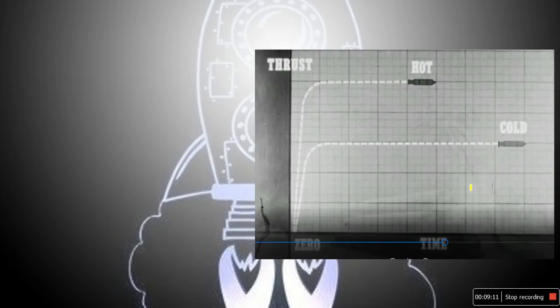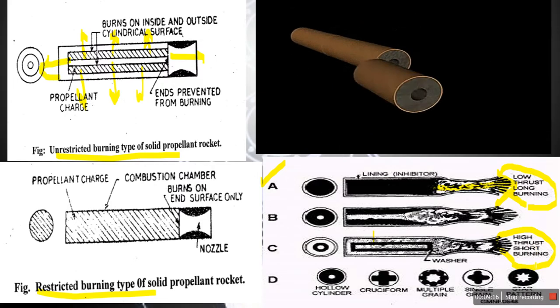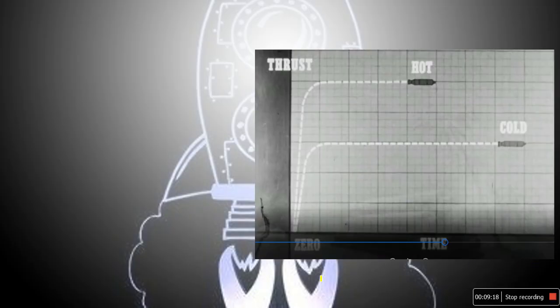I mention here high thrust, short burning. It means if we burn in the unrestricted manner, we get high thrust, which means maximum altitude, but for a short duration. But if we burn in a restricted manner, we get low thrust, that is low altitude, but long duration. That's the main difference.